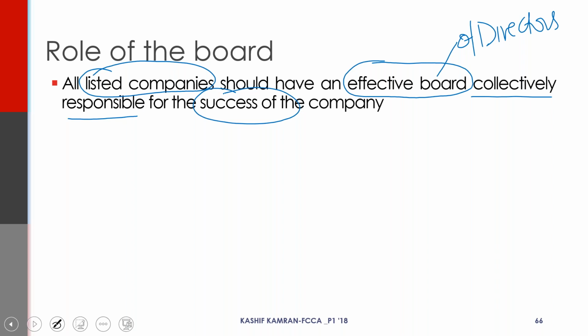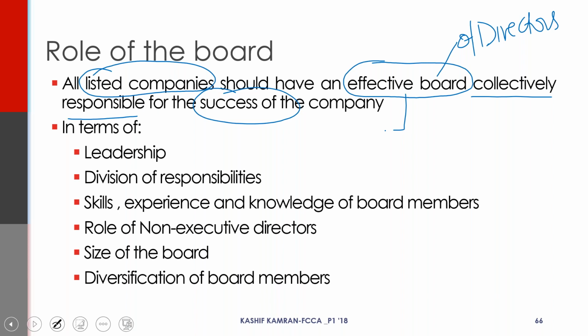Now, what exactly does effective board mean? If someone asks you what can make a board effective, you will tell him that the board could be effective in terms of leadership. Is that true? That a team should have a good leader. So board is a team, right? So the board should have a good leader. And who is the leader of the board?